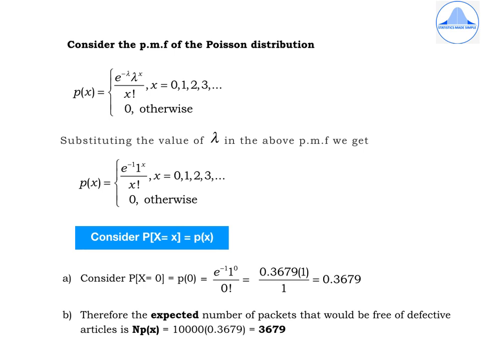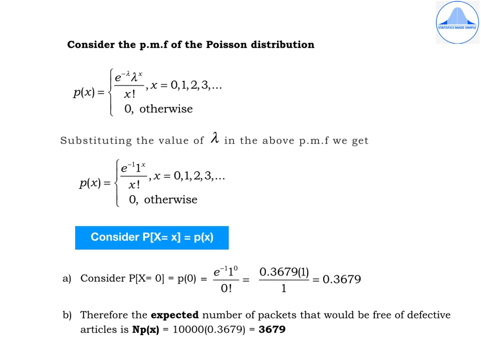In the next line, write 0 otherwise. Now in this p.m.f. substitute the value of lambda as 1, and you will get p of x equal to e to the power minus 1, 1 to the power x divided by x factorial, where x takes the value 0, 1, 2, 3, and so on up to infinity, 0 otherwise.